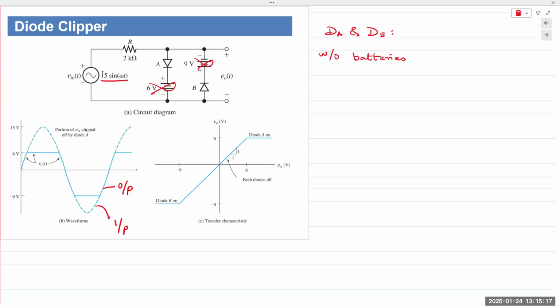We simply have 2 diodes facing in opposite directions, connected in parallel. Okay. Everybody with me so far?